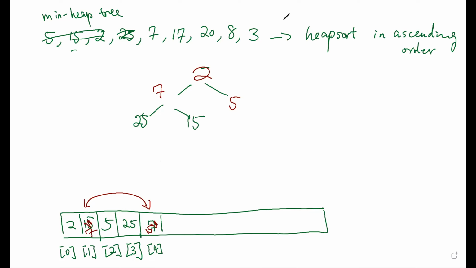And I also need to clear the bottom here. Here is 15, and then here is 7. Okay, we also have 7 down.